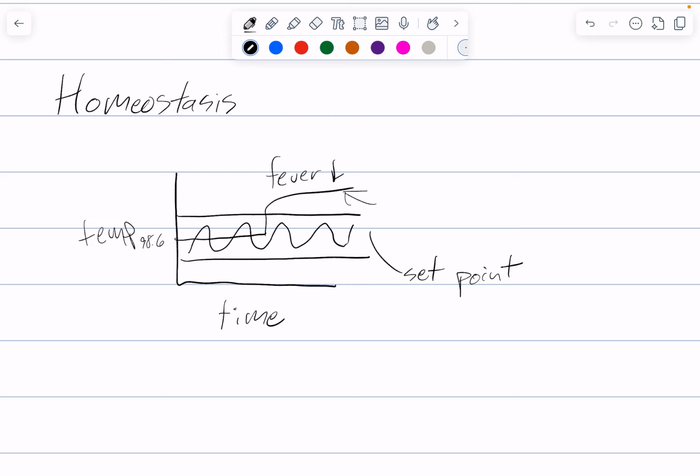Of course, this is for a short amount of time, so it'll eventually come back to normal, but anything going back towards the set point is called negative feedback. Negative feedback is important for our bodies because we are returning back to that homeostasis.